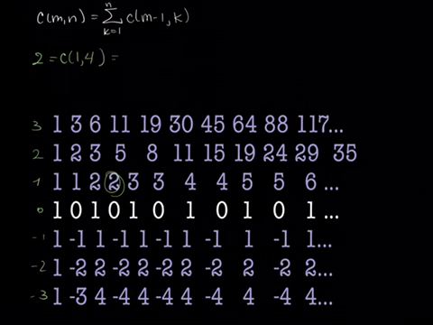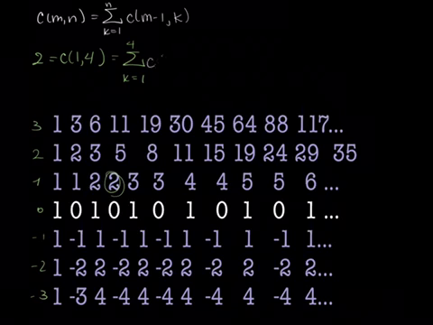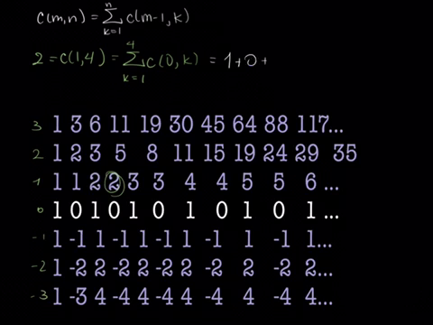It's going to be the sum from k going from 1 to n, which is 4, of C_{0,k}, since m was 1. That means we're going to be looking at the terms right here to get those numbers. So that's C_{0,1}, which is 1, plus C_{0,2}, which is 0, plus C_{0,3}, which is 1, plus C_{0,4}, which is 0. That's indeed 2.